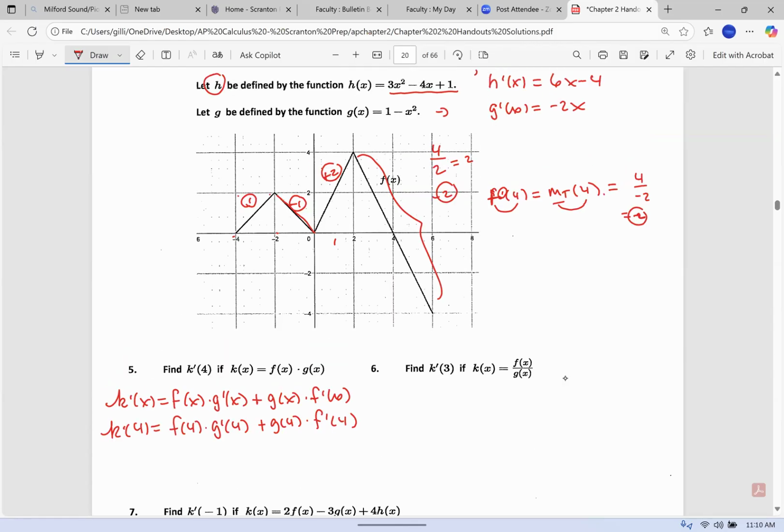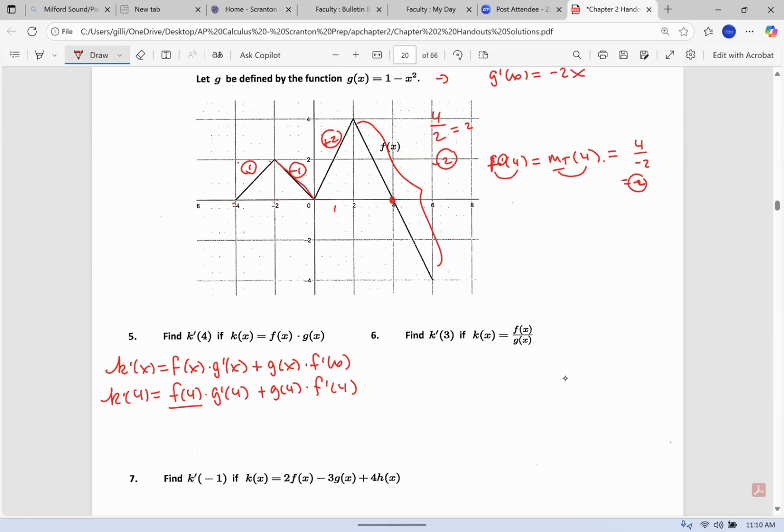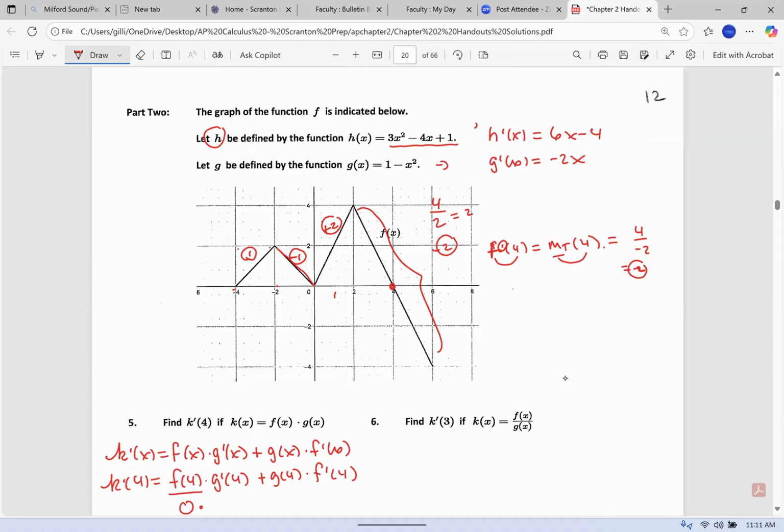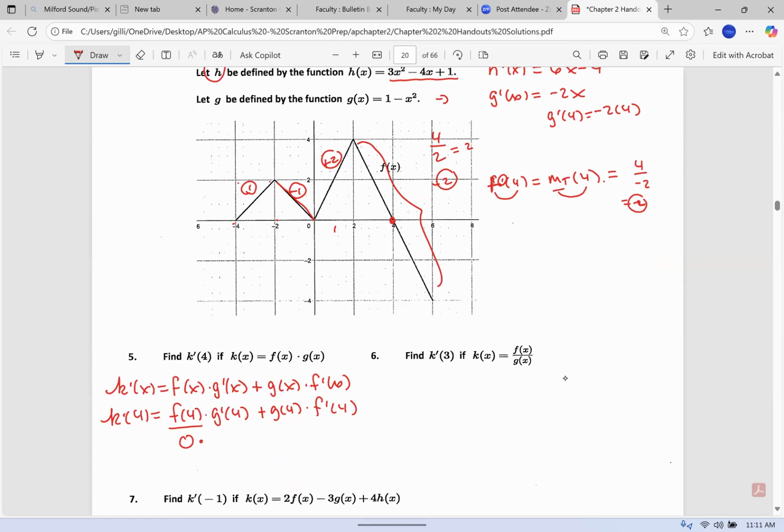Well, f at 4 is going to be the y value from the graph. It's not a derivative value. And I could clearly see that when x is 4, y is 0. Now, g prime at 4, even though that value is going to be 0 there in the end, g prime at 4 would be found by replacing x with 4, and I would get negative 8.